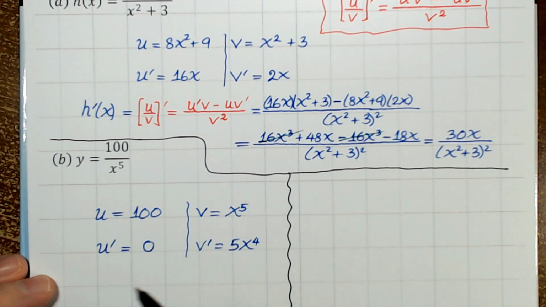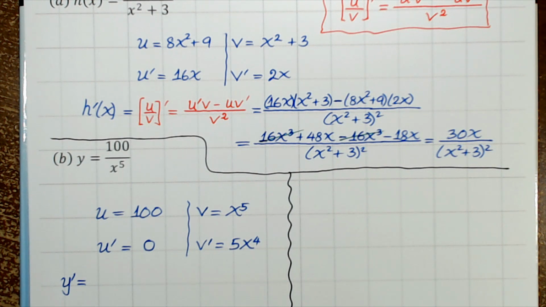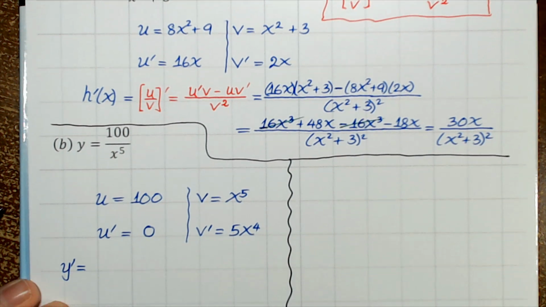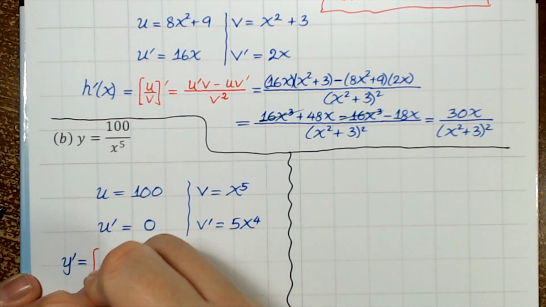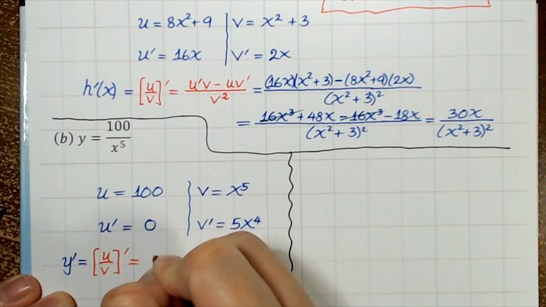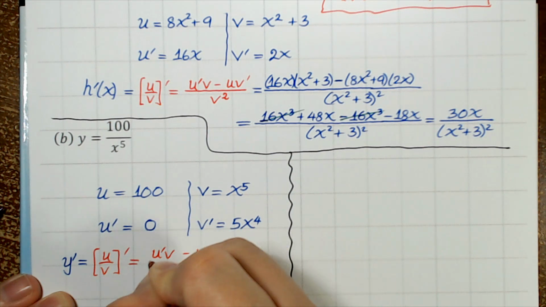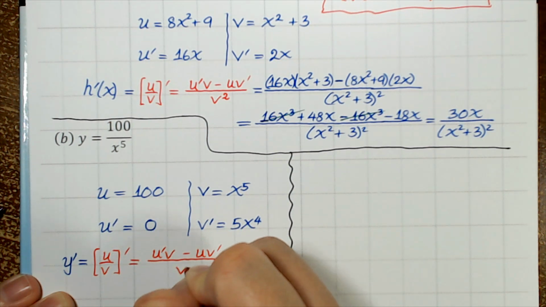And then the derivative of y is going to be the derivative of a quotient, which is u prime v minus u v prime over v squared.